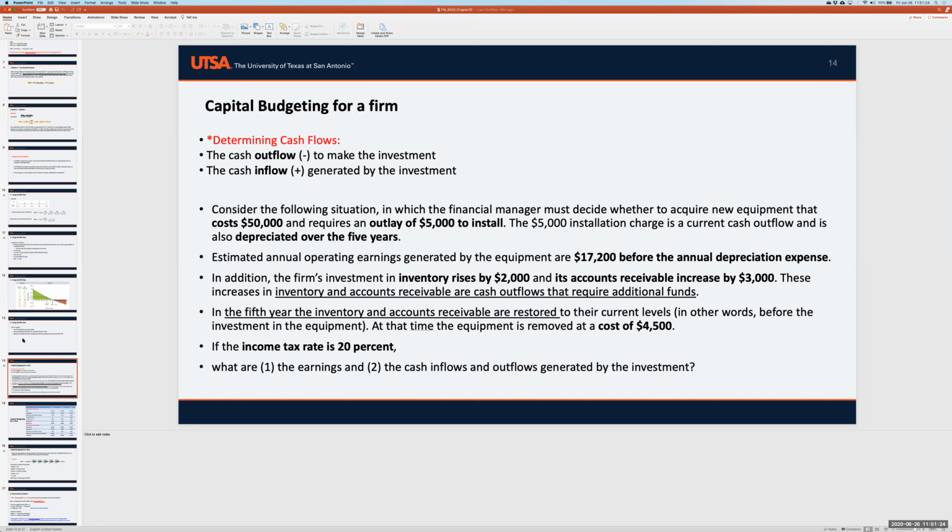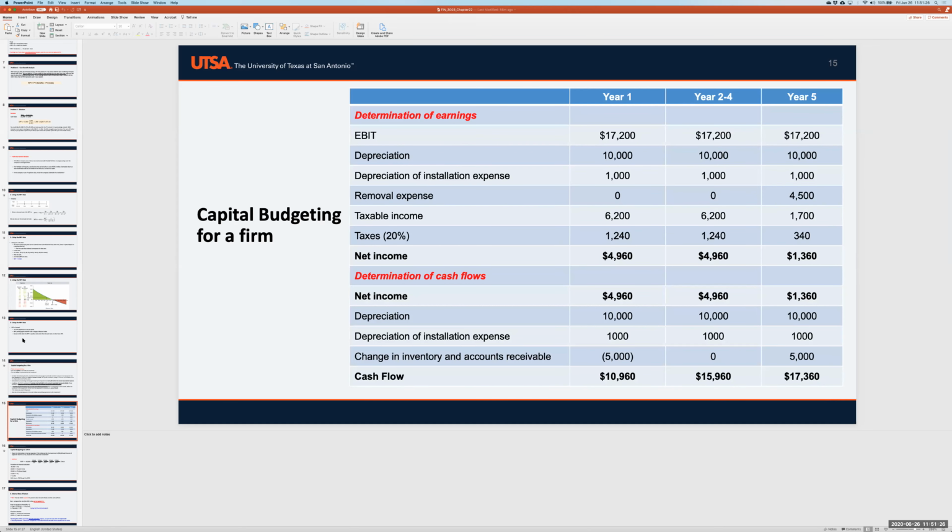You can read this. I don't want to explain it, but how can we find the cash flows? This is just a simple accounting calculation. I assume you already know the EBIT, depreciation, taxable income, or net income concepts.